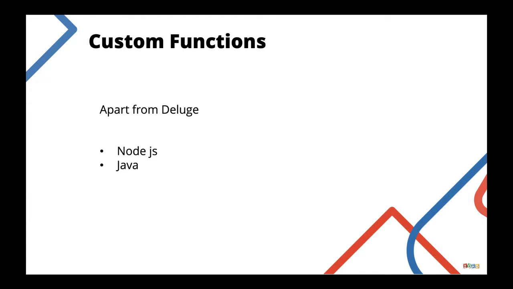And now Creator has extended its capability on usage of custom functions using other languages like Java and Node.js. And there is a particular structure that has to be followed when we use these two languages.